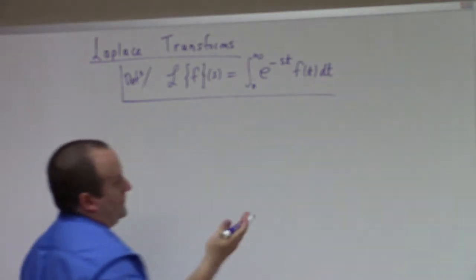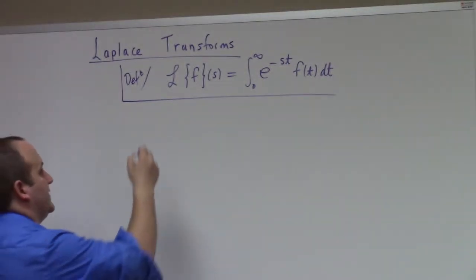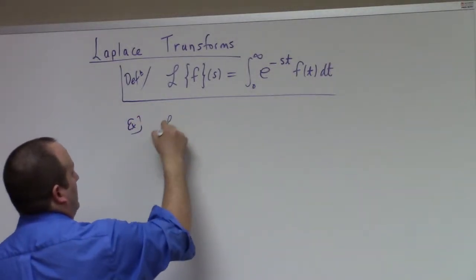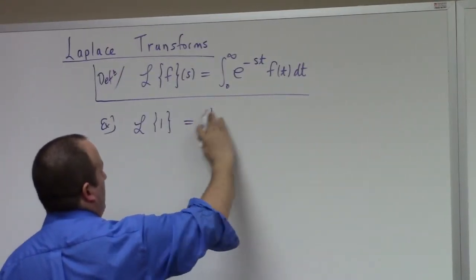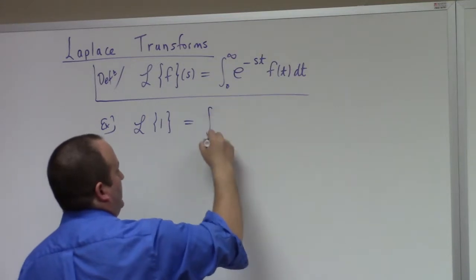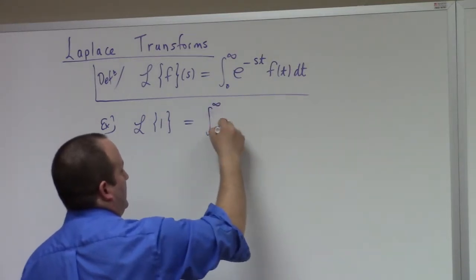Okay, so that's the definition, and then I guess the question is, what are the Laplace transforms of things? So let's do a simple example. What's the Laplace transform of 1? And of course, this assumes that the Laplace transform exists.